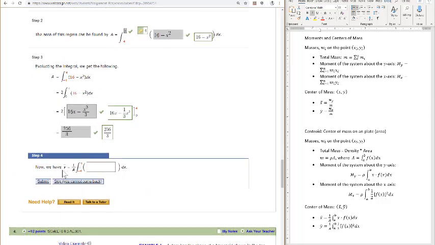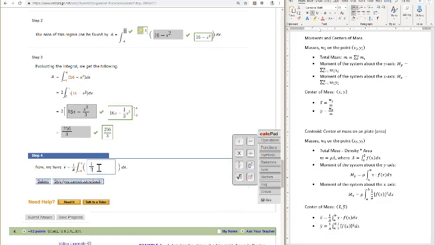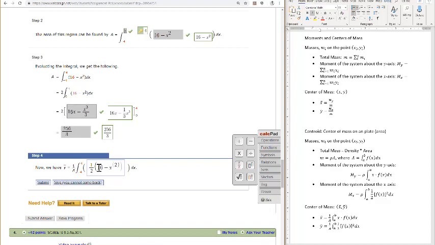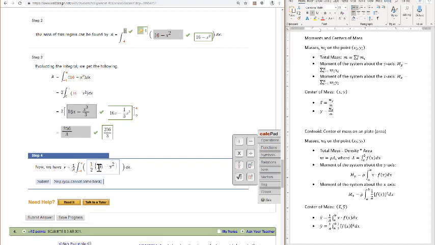Now our formula for the y bar is given down here. So the 1 over A is on the outside. We have 1/2. And then we have the function, which is 16 minus x squared, and then we're going to square that.